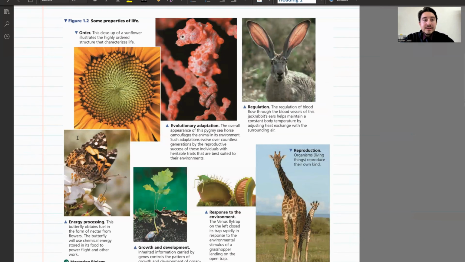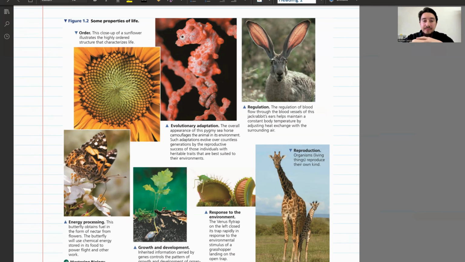Okay, living organisms tend to exhibit order, right? They tend to show change over time where they adapt to their environment, evolutionary adaptation, and regulation, where organisms are able to cope with their environment under changing conditions, right?